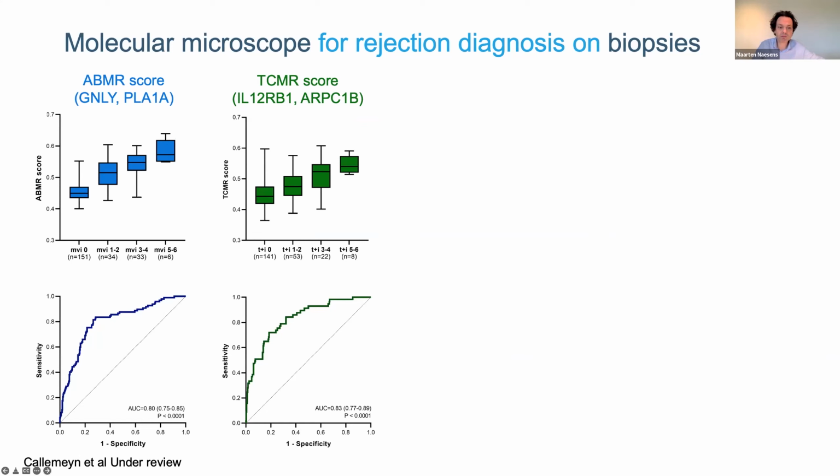Then we have tried to refine this further in our Leuven group, where Jasper Callemeyn again has looked at how many genes are actually needed to reclassify cases according to rejection. And while Phil Halloran is using whole genome transcriptomic analysis, Jasper was able to show that with only 4 different genes measured in kidney transplant biopsies, we have very good diagnostic accuracy for both antibody-mediated rejection and, on the other hand, T-cell-mediated rejection.